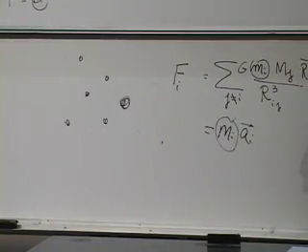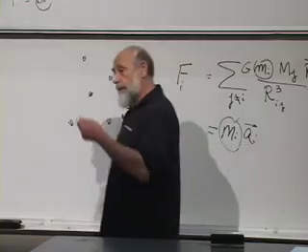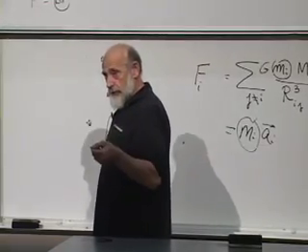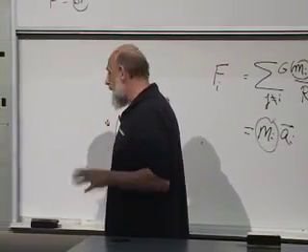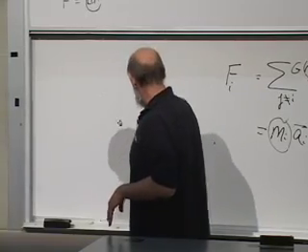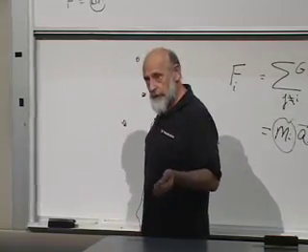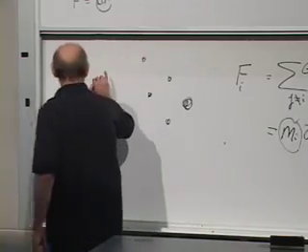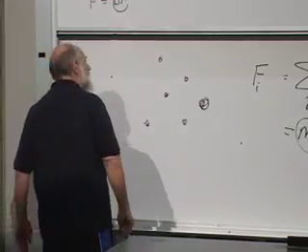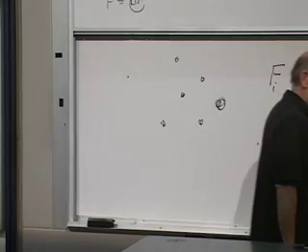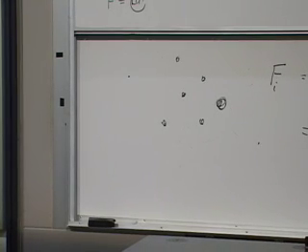And the way you define it is as follows. You imagine one more particle. You can take it to be a very light particle so it doesn't influence the motion of the others. Add one more particle in your imagination. You don't really have to add it. In your imagination, and ask what the force on it is.